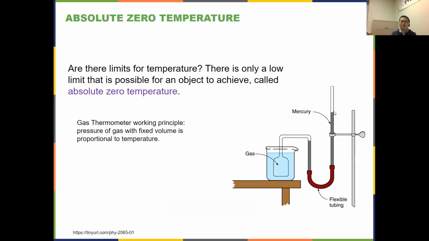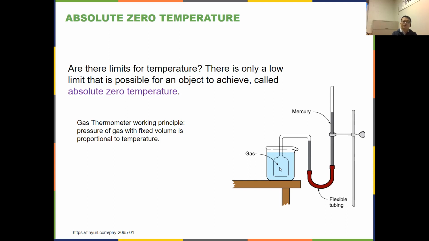The difference in the levels of the mercury surfaces indicates the temperature, because the temperature of the gas enclosed in this bottle is proportional to pressure. Later on we'll look at the microscopic view of why that's the case. But for right now, you just need to know the temperature of the gas is proportional to the pressure. So if you can measure the pressure, then you know the temperature.